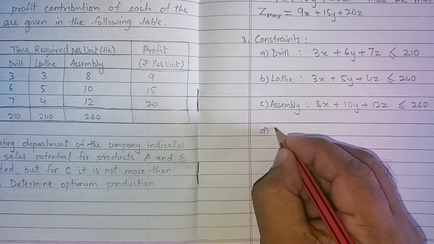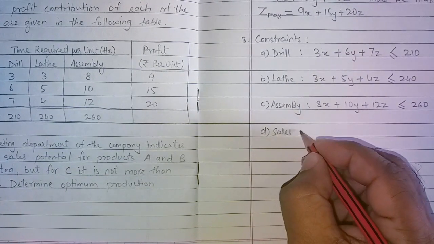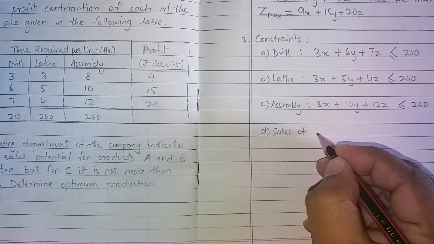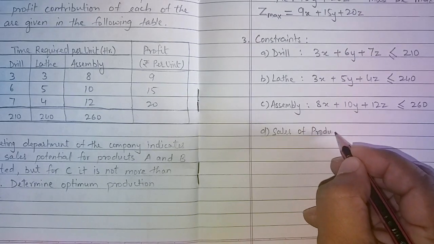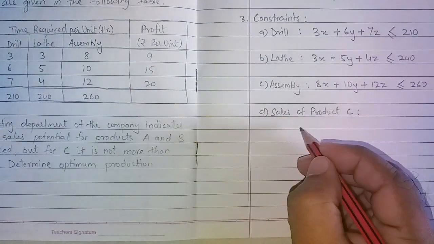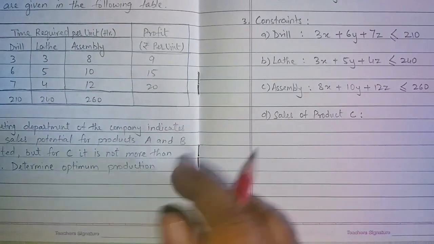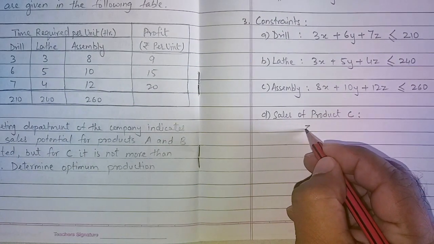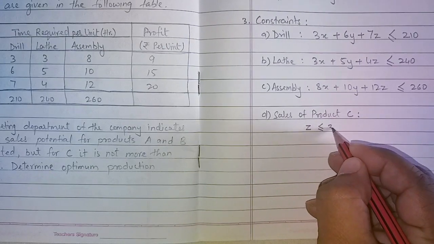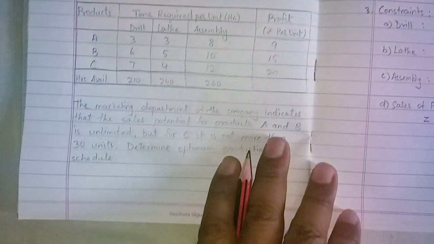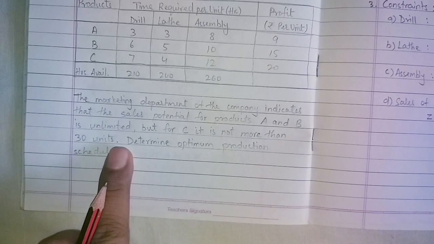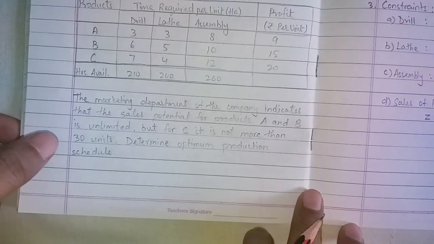So there is one more sales constraint, the sales of product C. Because it is only for C, and C is z, z is less than or equal to 30. It cannot be more than 30 units. Okay, so this is my final answer.